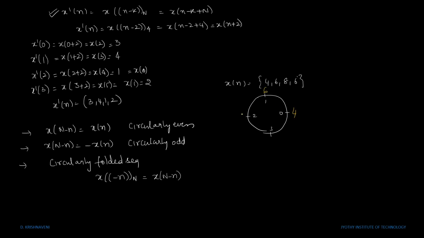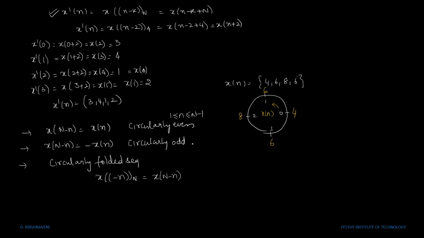I'm writing x of n in the anti-clockwise direction. You can see that at position 1 and position 3, the samples are the same. And the condition for this is 1 less than or equal to n less than or equal to N minus 1.